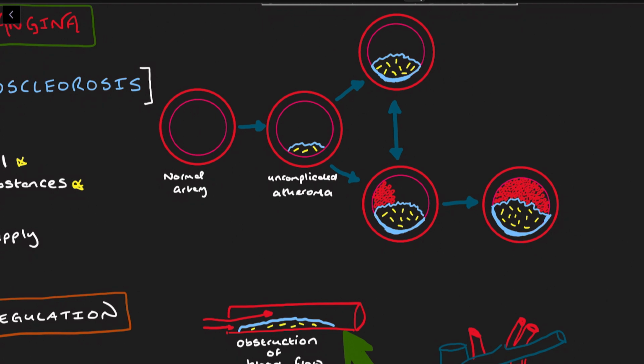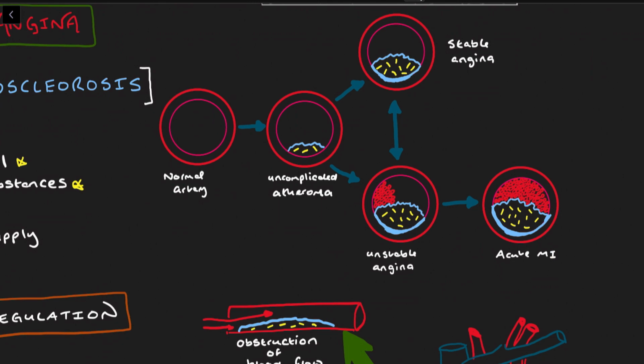Here we have atherosclerotic plaques that could possibly cause signs of stable angina. If the plaque gets larger and ruptures the artery, then the signs could become more clinically significant, leading to unstable angina, which could then lead to myocardial infarction.